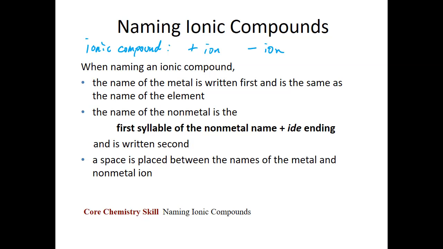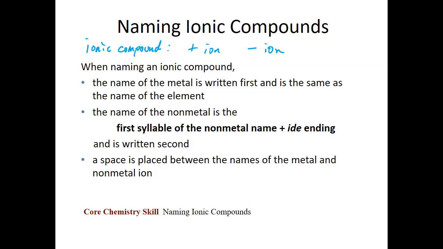But all we're doing is changing the ending of that element to IDE. So again, oxygen becomes oxide. Sulfur becomes sulfide. Phosphorus becomes phosphide. We're changing just that last little bit of it. So that always is put on the end of that last word in the name.